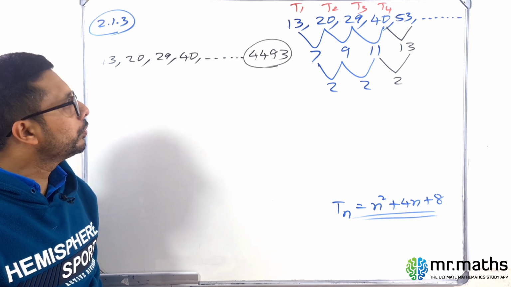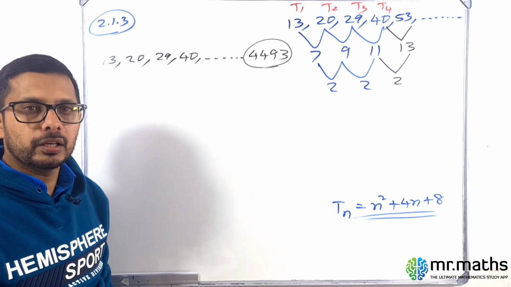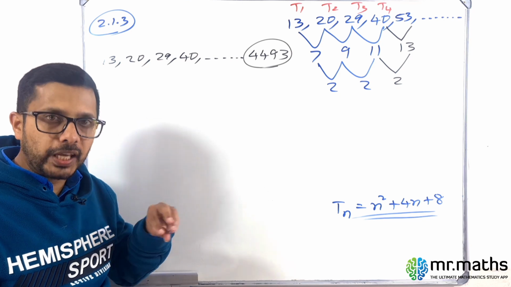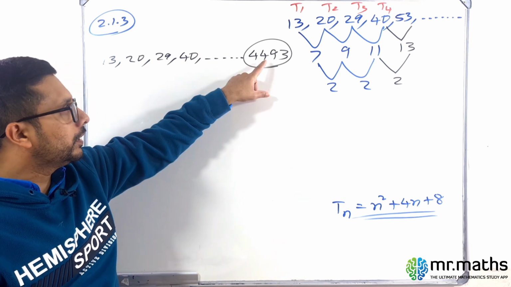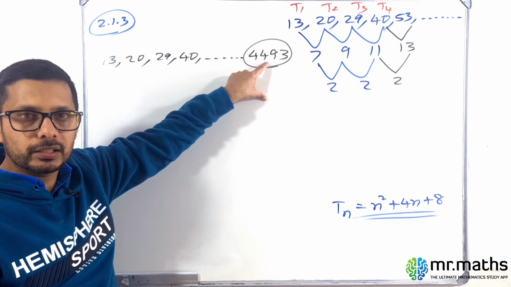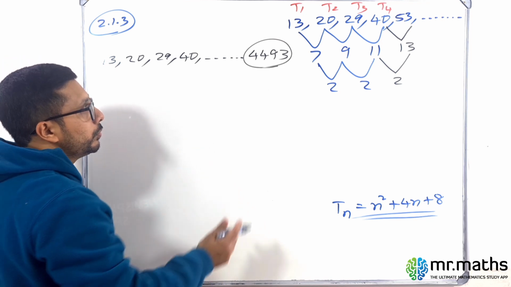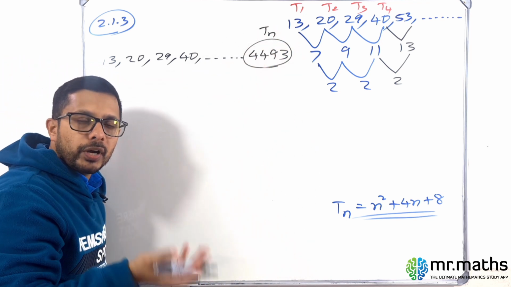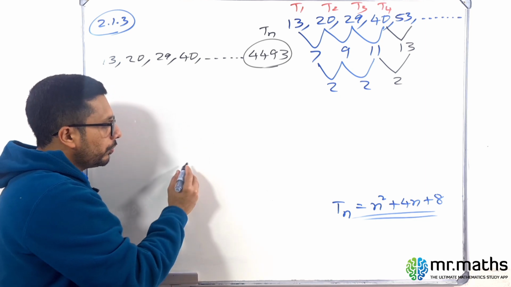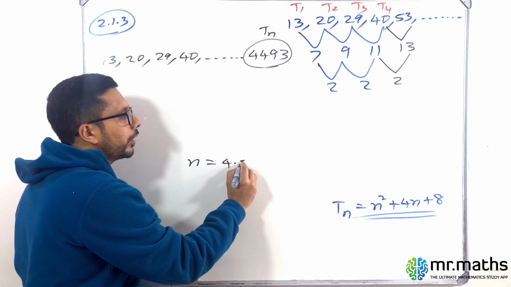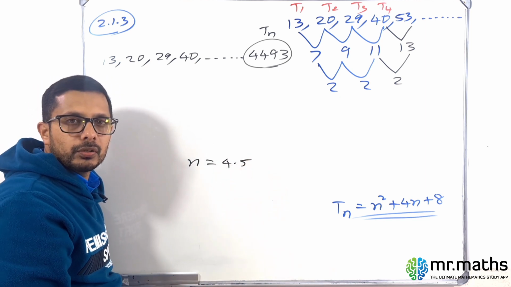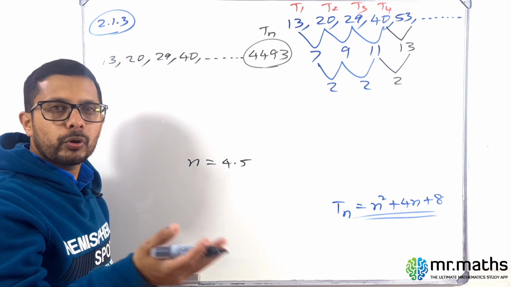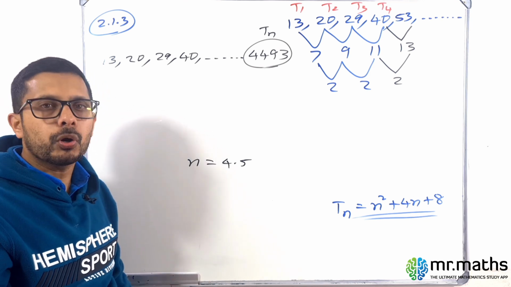So what we can do in this type of question, guys, is find the value of n. Call this one Tn and try to find the value of n. If you are getting n as 4.5, just as an example, there is no such term as the 4.5th term, either the 4th term or the 5th term.